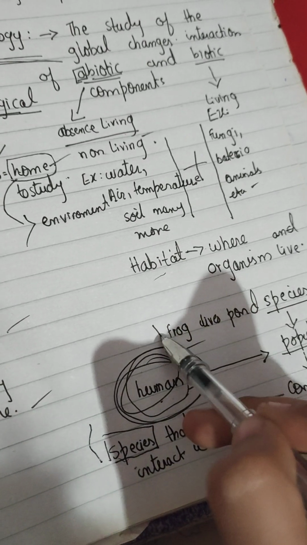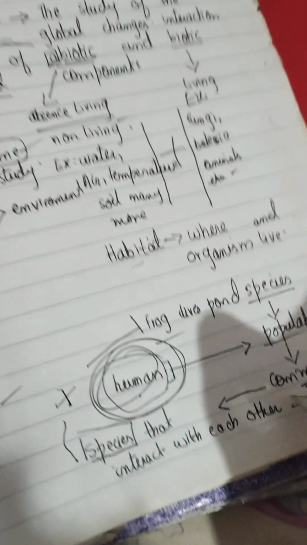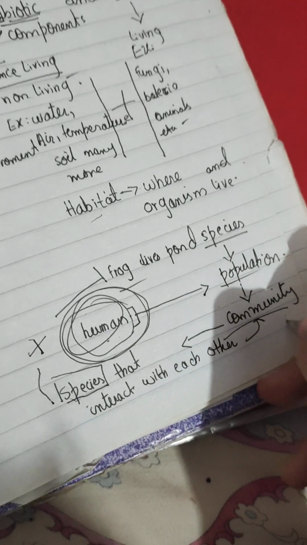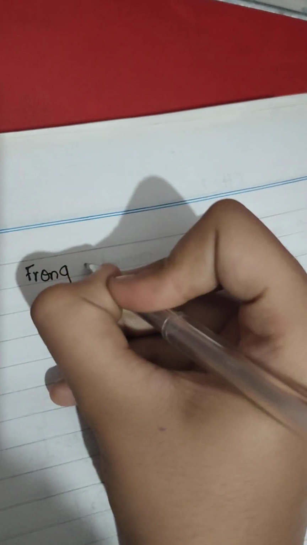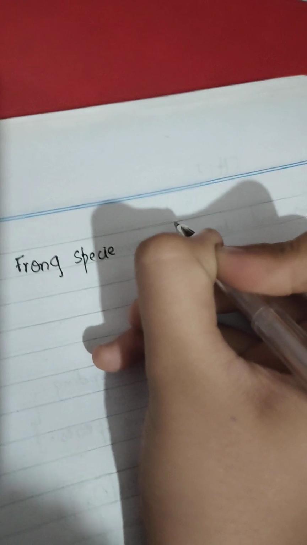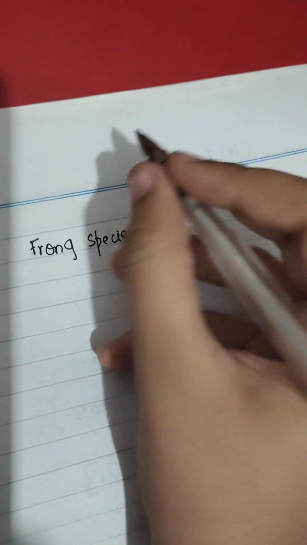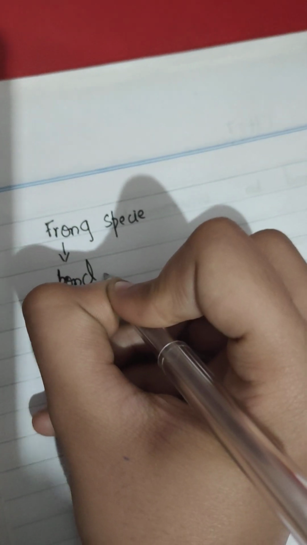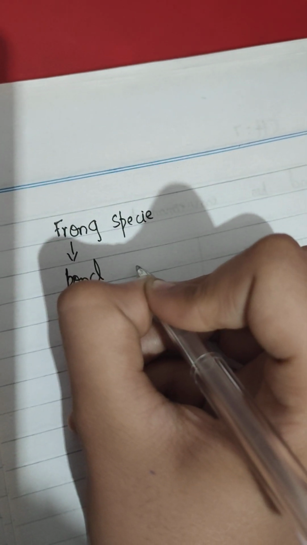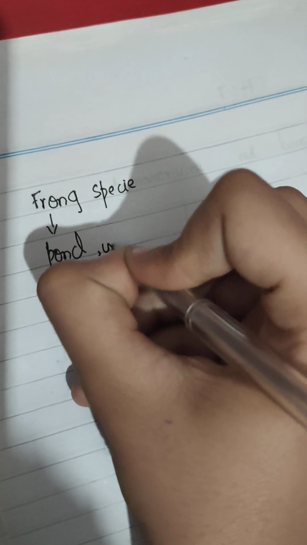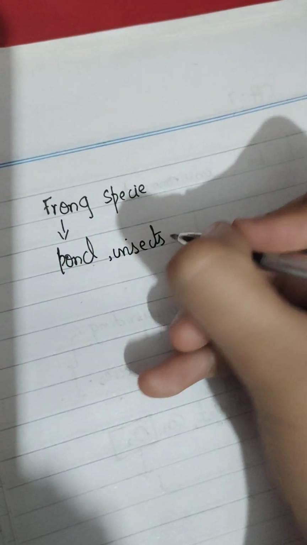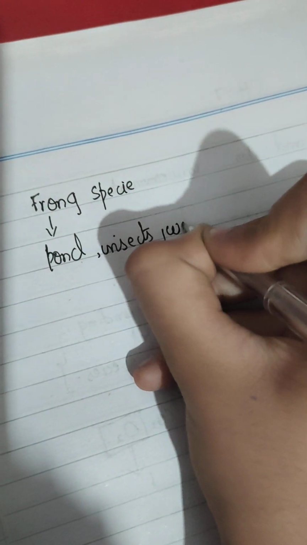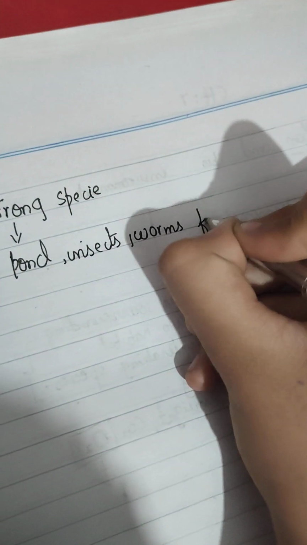When these species are combined, they form a community. Frogs live in ponds or fresh water, and in their community they include insects, worms, and fishes.